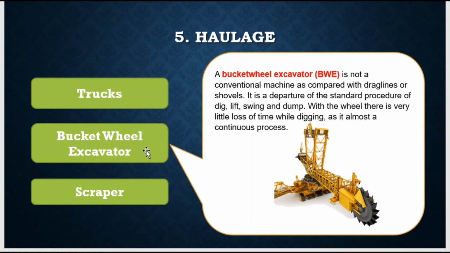is the bucket wheel excavator. This is not a conventional machine as compared with draglines or shovels. It is a departure from the standard procedure of dig, lift, swing, and dump, like with the shovel.